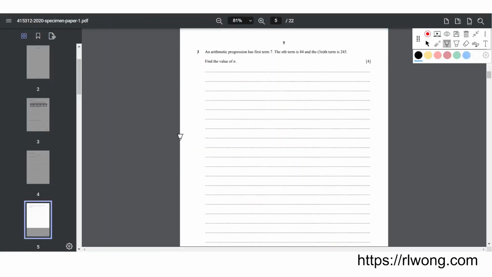Now I'll write out the formula. I know that un equals a plus n minus 1 d, and the sum of the first n terms is half n times 2a plus n minus 1 d, or half n times a plus l, where l is the nth term. Now you're given an arithmetic progression has first term 7, so I know that a is 7.